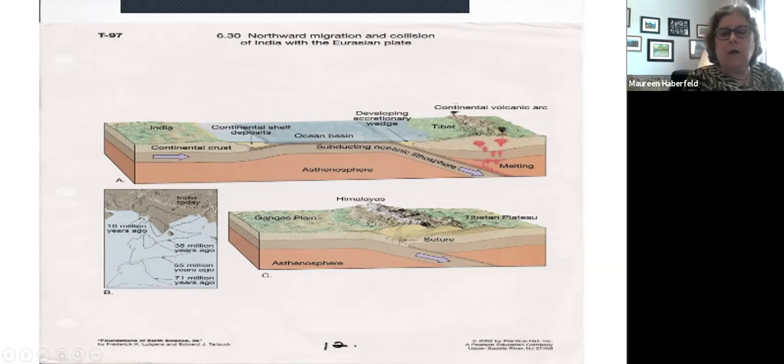And so there is no more subduction. Now, before this happened, the ocean basin was in the middle between the two continents, between India and Asia. Well, all of that oceanic material got subducted. So there is a remnant subduction zone under here. But once the two continents collide, subduction stops.